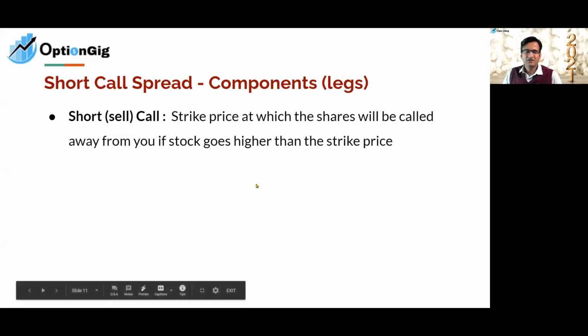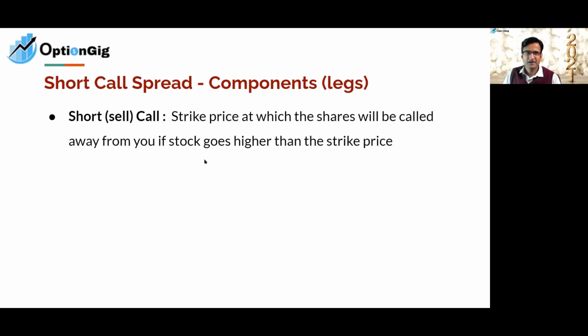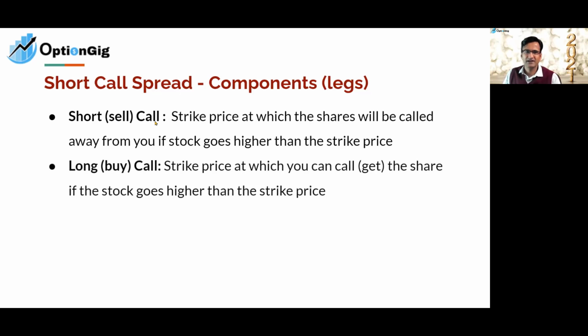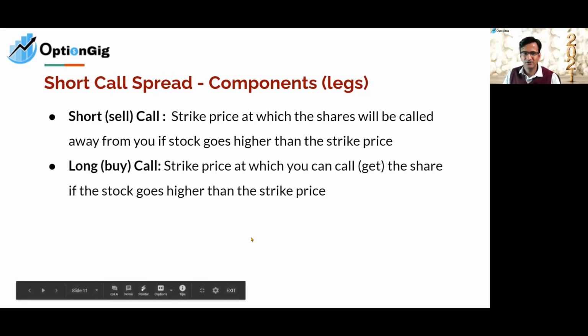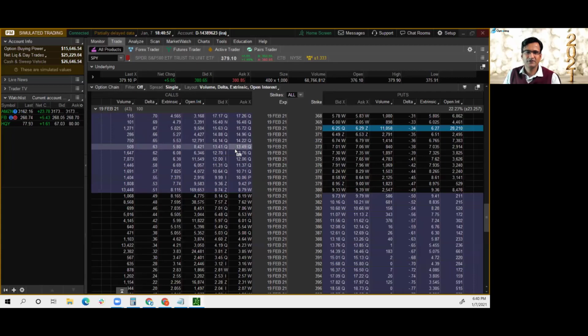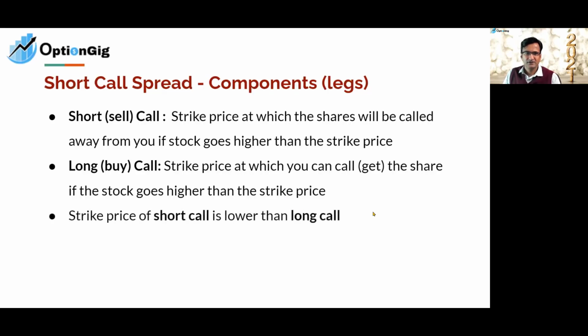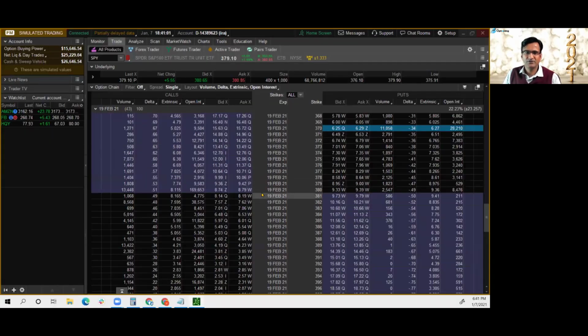All right, let's move on to the call spread. Like we talked about on the put side, similarly, things on the call side. If you're selling a short call spread, it means you're selling a call spread. In that case, you sell a call at a strike price. Then you go to a further higher strike price and you buy a call.